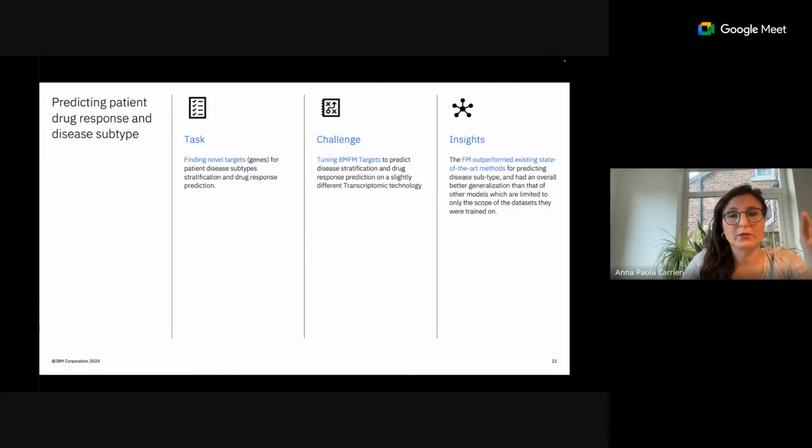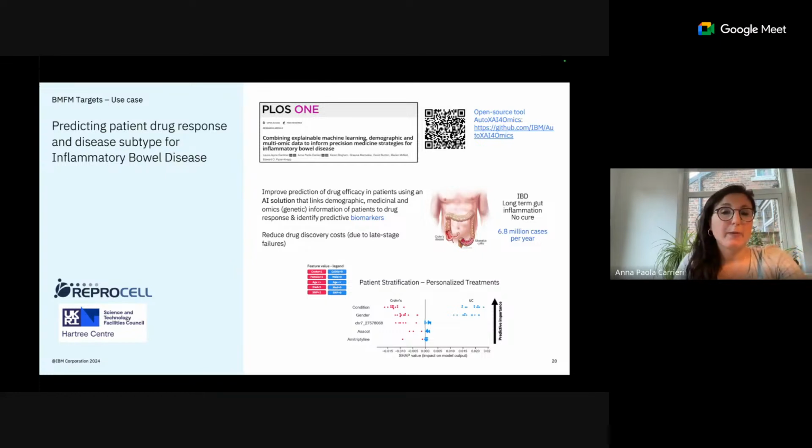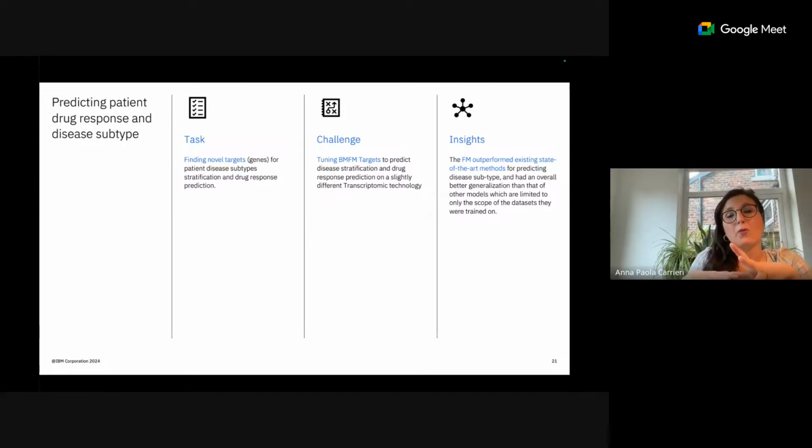One thing I have to mention is that this published work is based on genomics data, while what I'm talking about now is another piece of work that is very similar, predicting drug response, but instead of SNPs from genomics data, we are looking at genes and their expression. But the concept is very similar.